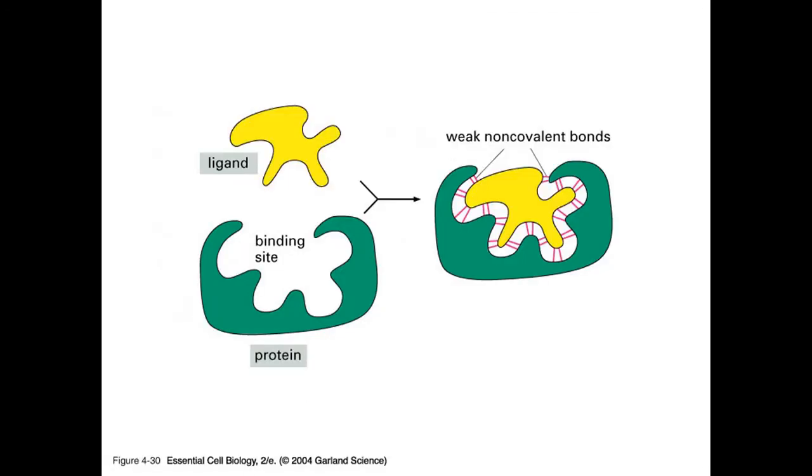This is what we call the binding site. This is the cavity formed due to the specific arrangement of amino acids. This green one is the protein, and this is the binding site of the protein. So it binds to the ligand using non-covalent bonds.